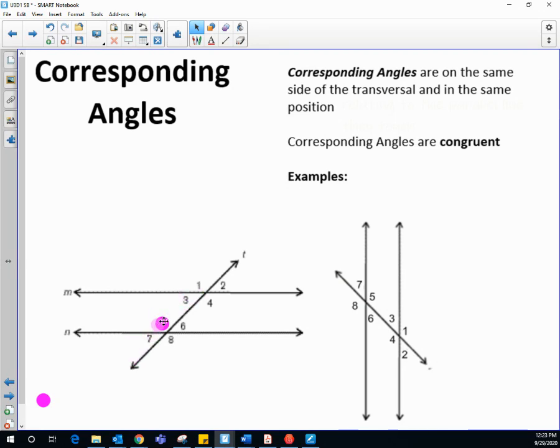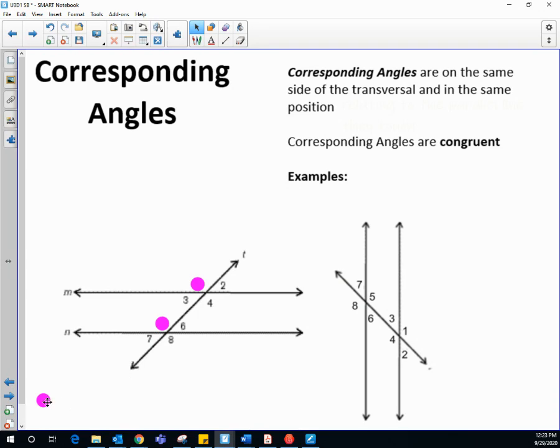But it has to be in the same position relative to the parallel line. Angle 5 is on top of line N here, so I want one that's on top of the other, line M. So those 2 angles, 1 and 5, are corresponding angles. And corresponding angles are congruent to each other.